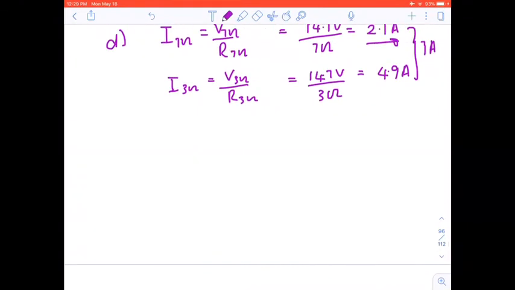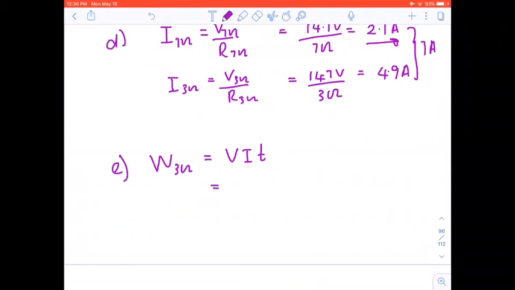So if we now want to know what is the work done in the 3 ohm resistor, which is equal to V I T, right?